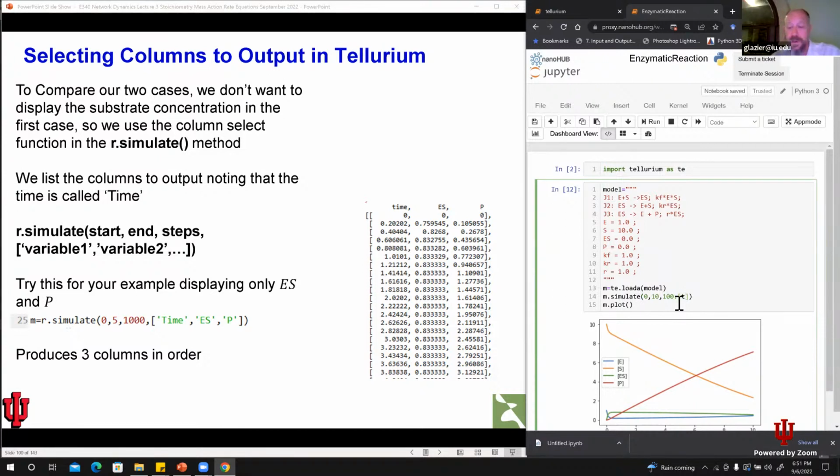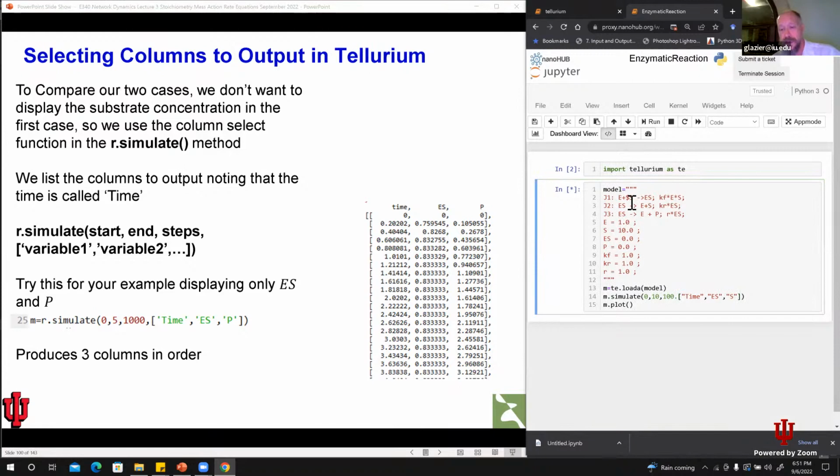Time is a reserved word and has to be in quotation marks. And then we put in quotation marks the names of the other variables. So here we could put ES. And suppose we make S a boundary species and we actually want to print a constant. So let's make S a boundary species here.